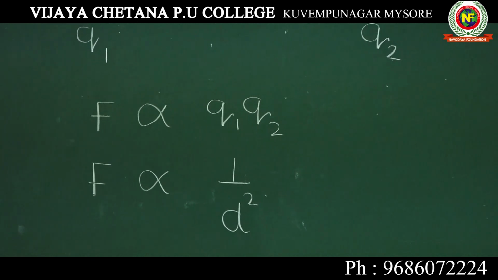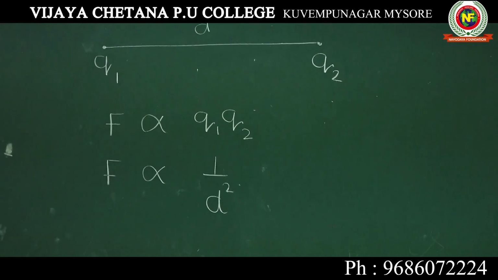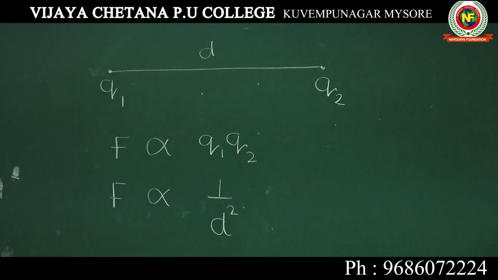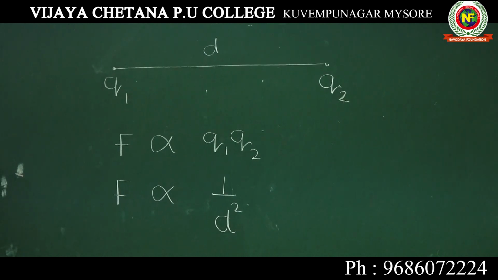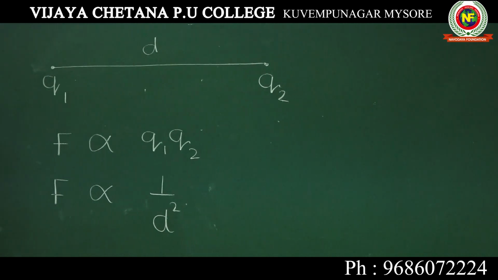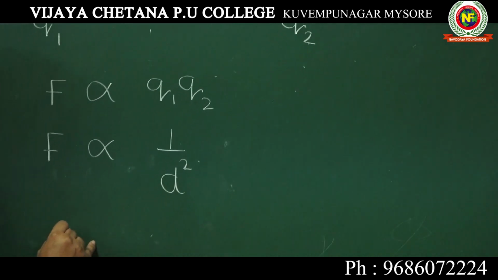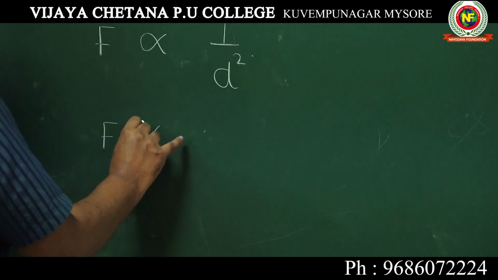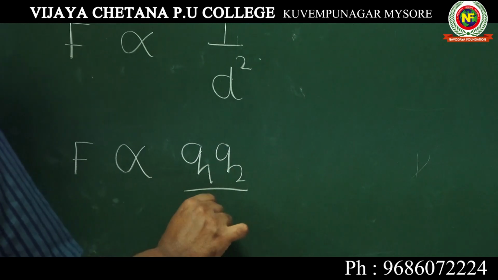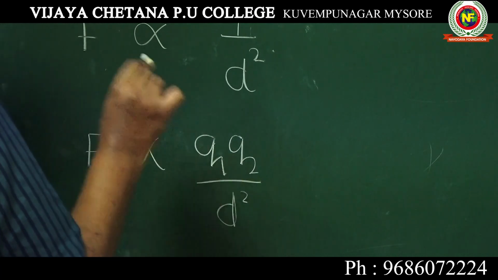Based on that experiment, he concluded that force is directly proportional to the product of charges and inversely proportional to the square of the distance of separation. So combining the two, one can write that force is directly proportional to Q1 Q2 divided by d square.